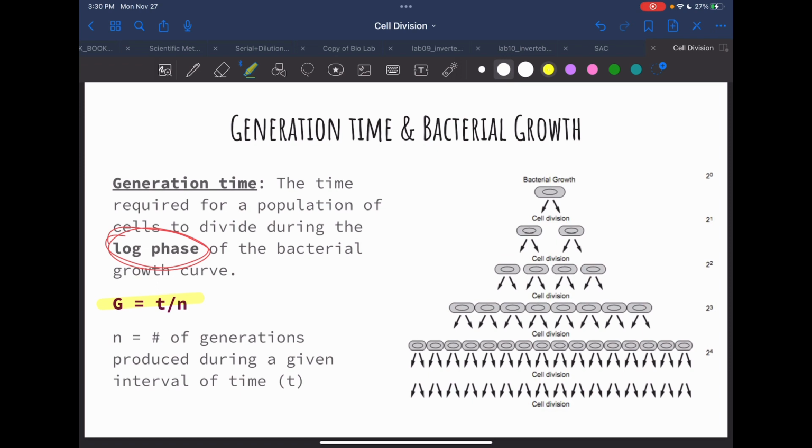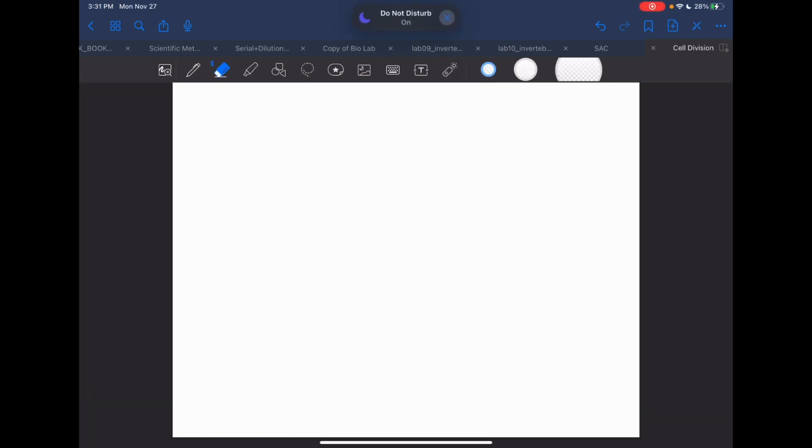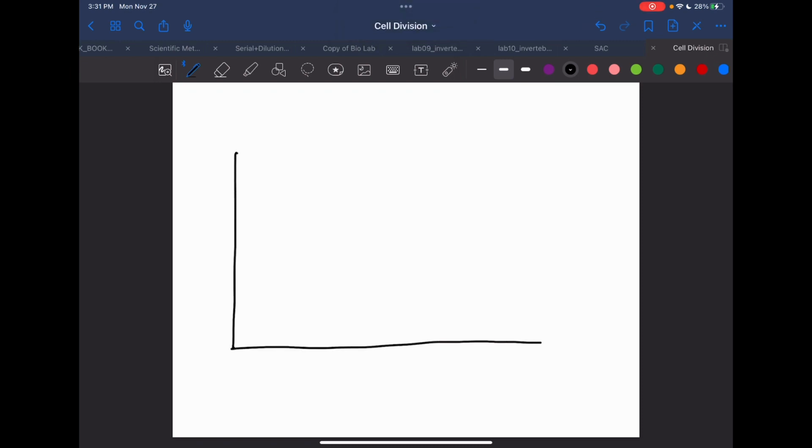Before we move on though, I just wanted to also give you guys a refresher on what log phase is. Just a little bit of a refresher as to what a growth curve looks like. Let me just draw kind of a wonky looking graph here, but this is your bacteria growth curve.